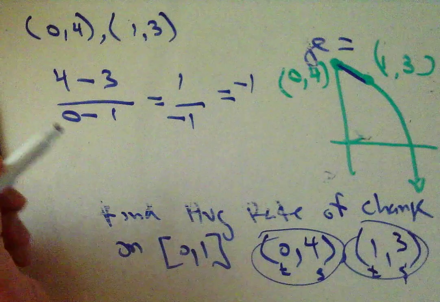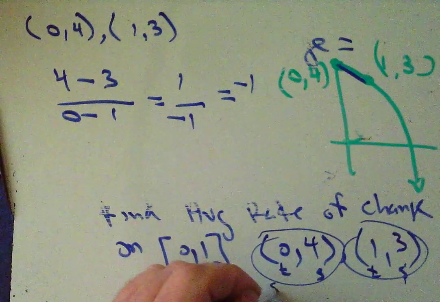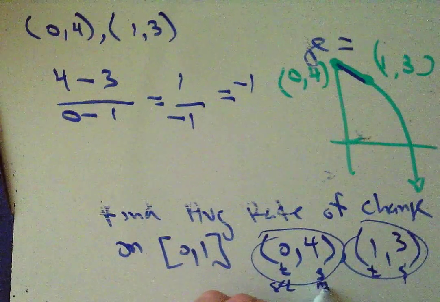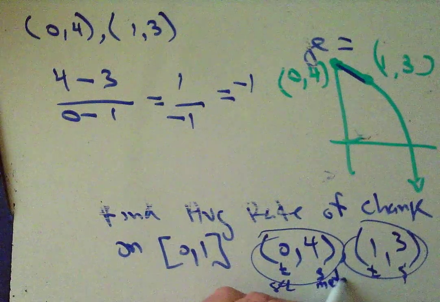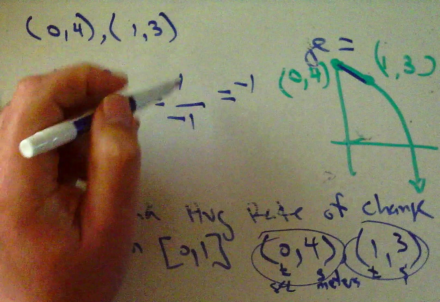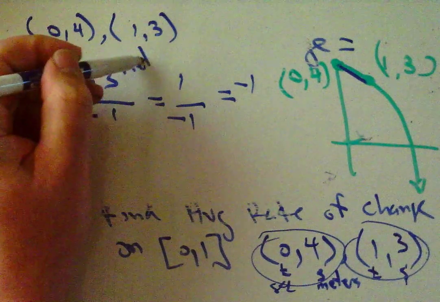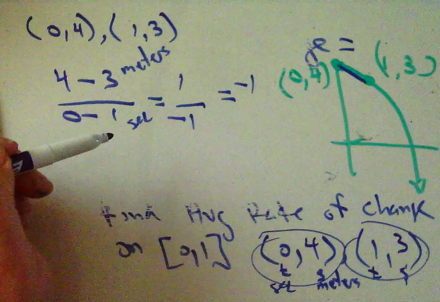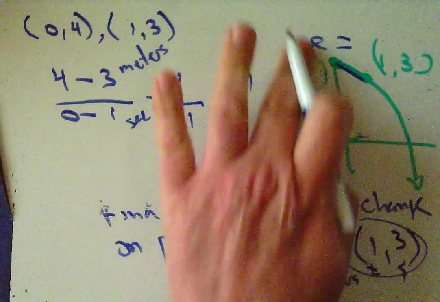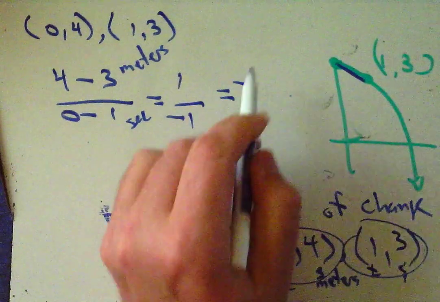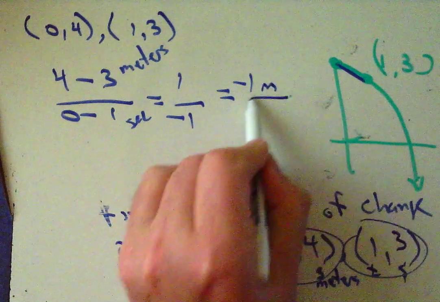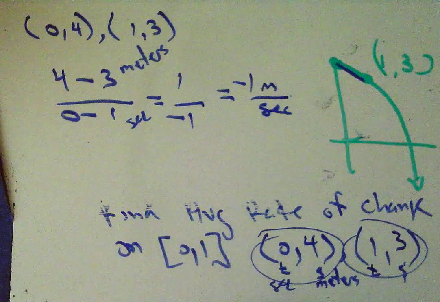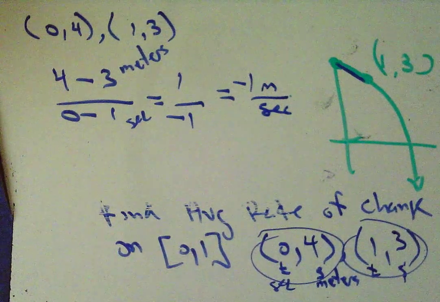Remember, we said that the units on our input were seconds, and our units on the output were height in meters. So our output units are meters, and our input units down here are seconds. And so if I'm thinking about the average rate of change, it's -1 meters on top and seconds on the bottom. -1 meter per second.